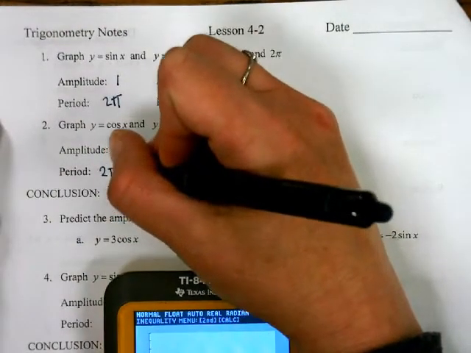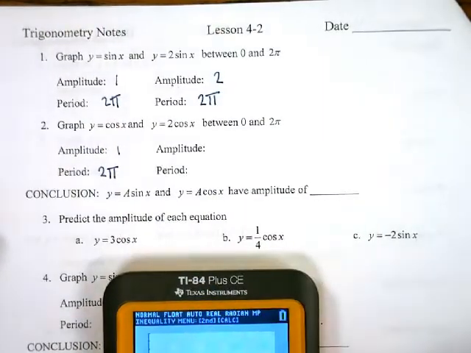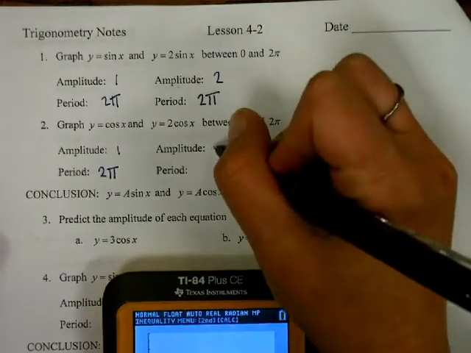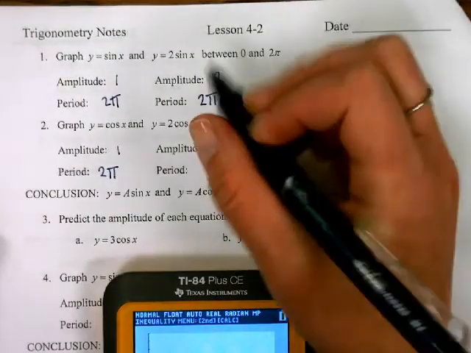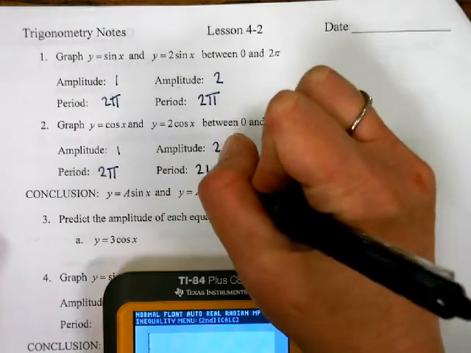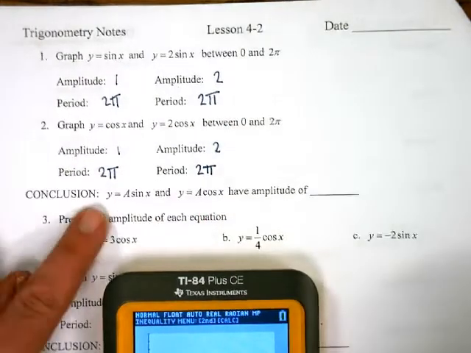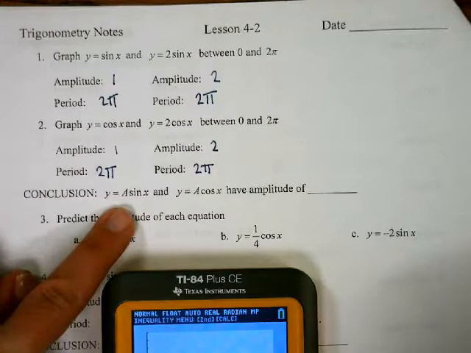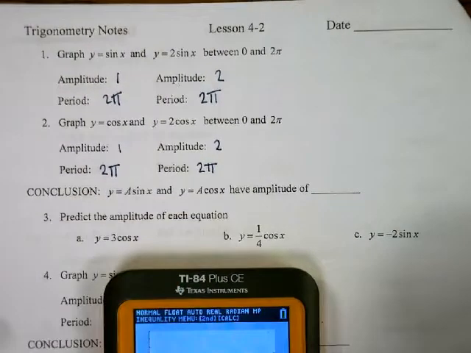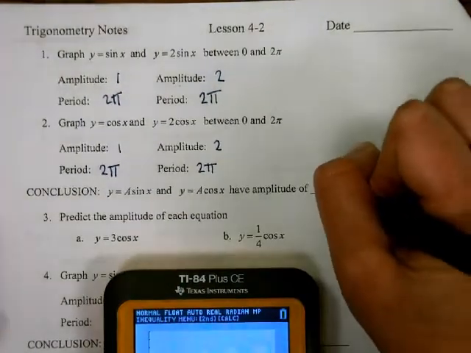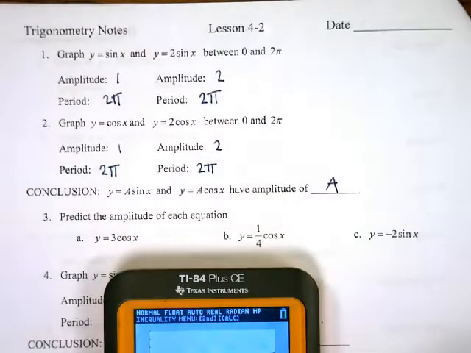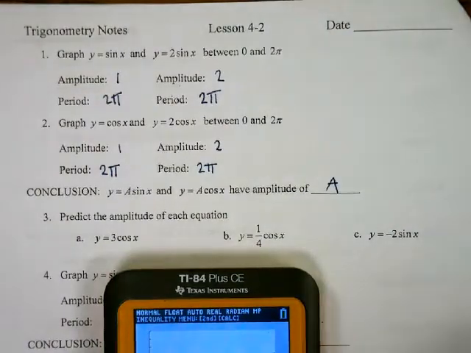Period is 2 pi. That's when it's repeating. This guy's amplitude is now 2, but its period is still 2 pi. So, in conclusion, if you have a number out front of your function, it changes your amplitude to a. So y equals a sine of x and y equals a cosine of x have an amplitude of a.